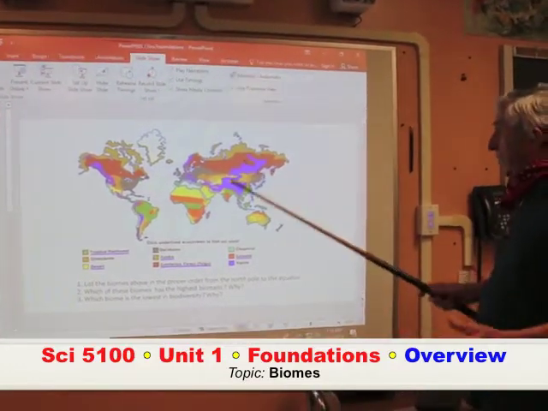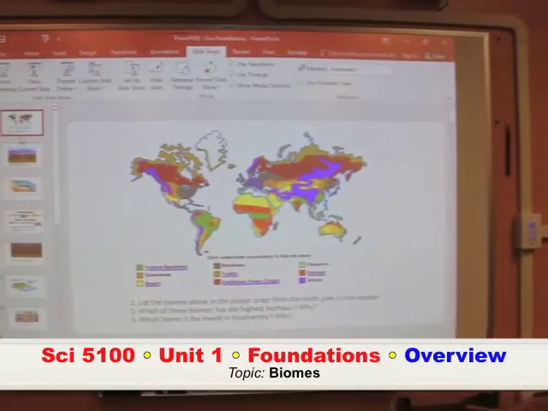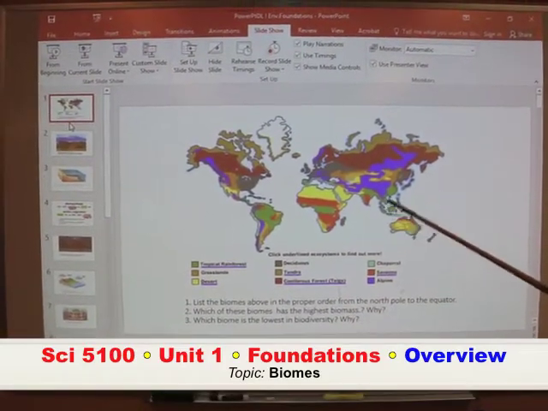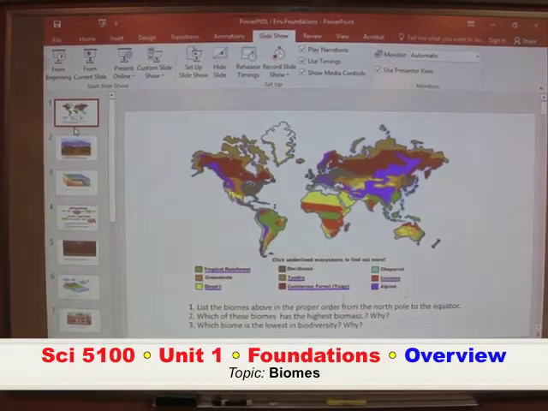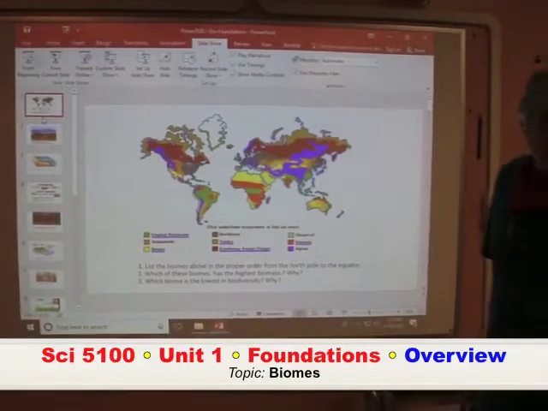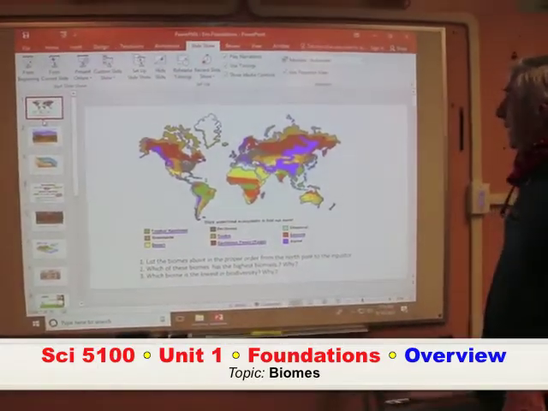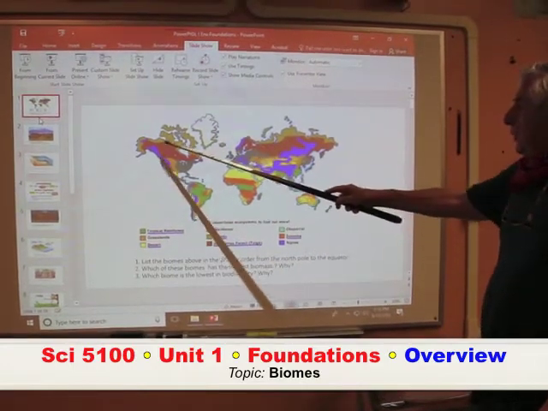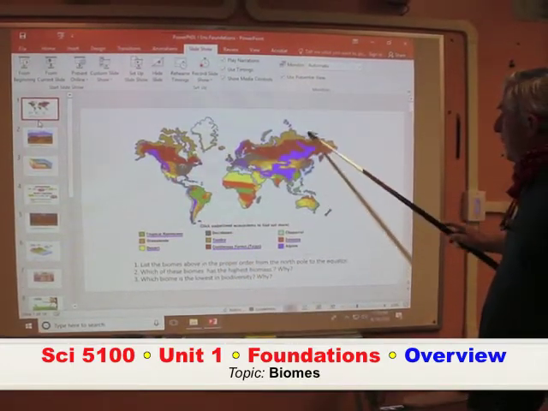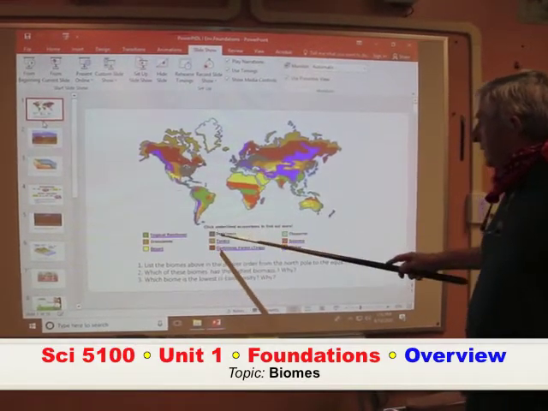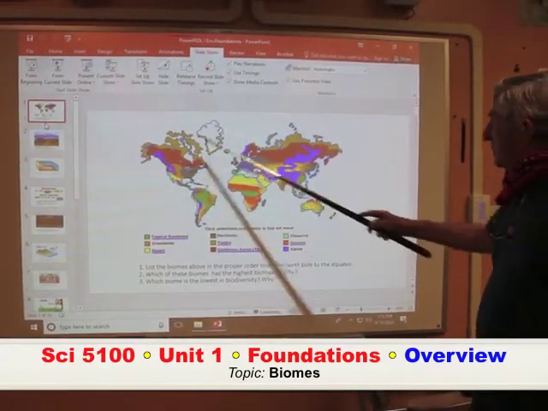In this color map of the world, it's color-coded to represent different regions of the Earth that have different climates. If we start at the very top, close to the North Pole, all the way around the Earth on the land, you'll notice this color. If you check the color code down at the bottom, it says tundra.